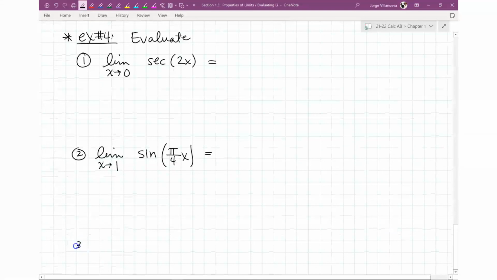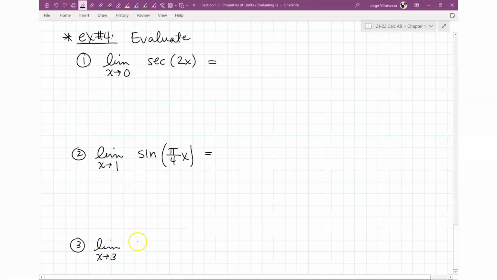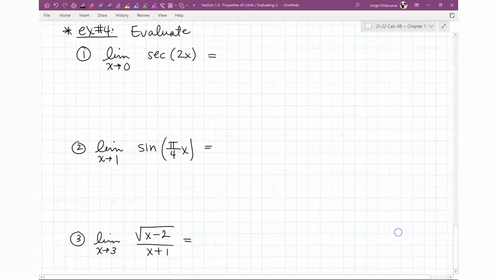And then here's the third one. The limit as x goes to 3 of radical x minus 2 over x plus 1. So I'll give you a little bit of time to do that. I'm going to pause the video recording, that way it's not just sitting there for like 2 minutes.